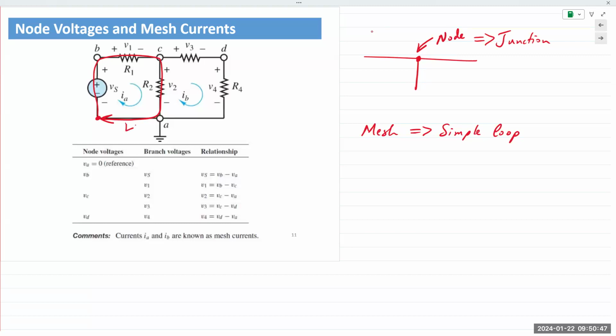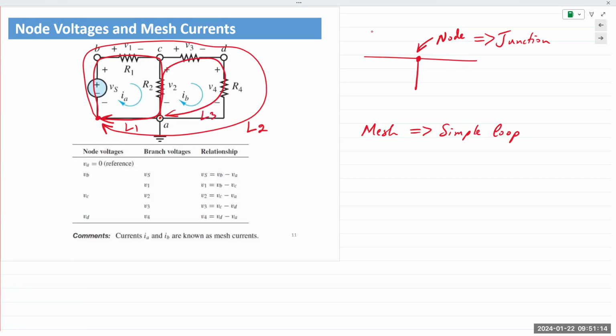So it's loop one. And if we start from the exact same point, we can come back to that exact same position. I can call that loop two. There's also a third loop on the right. Of course, if we start at point A, we can call that loop three.